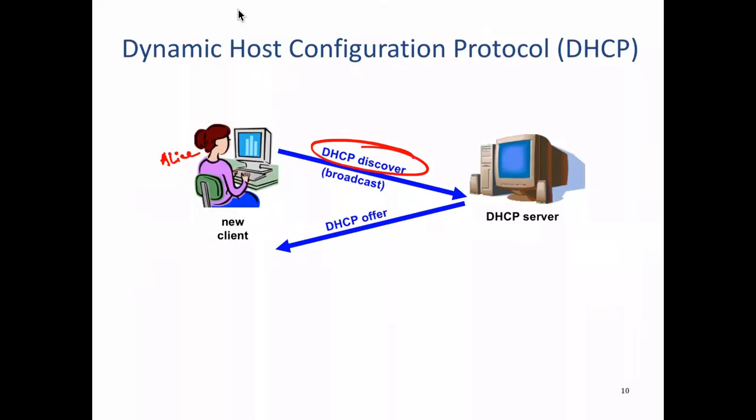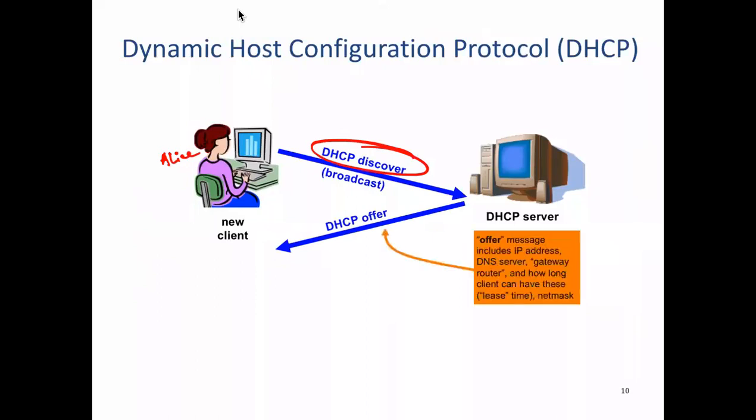So let's assume that now she receives the DHCP offer. And this DHCP offer, of course, contains the IP address, the gateway router's IP address, and then the lease time, of course. How long this mapping is valid, because an IP address given to a client has a lifetime.